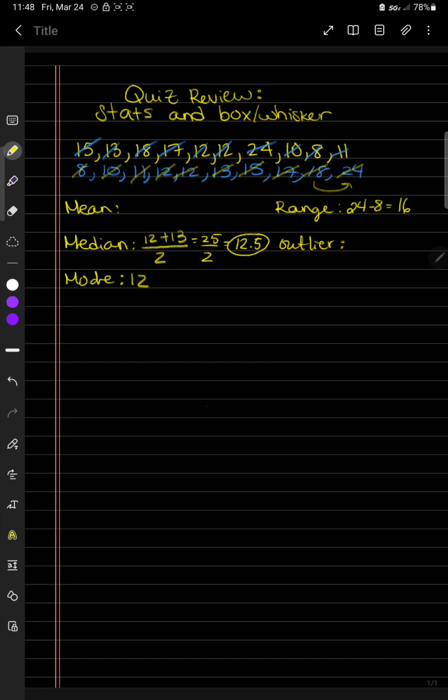So 24 would be our outlier because it's 6 spaces away compared to everything else that is just 1 or 2 spaces away. So 24 is our outlier.